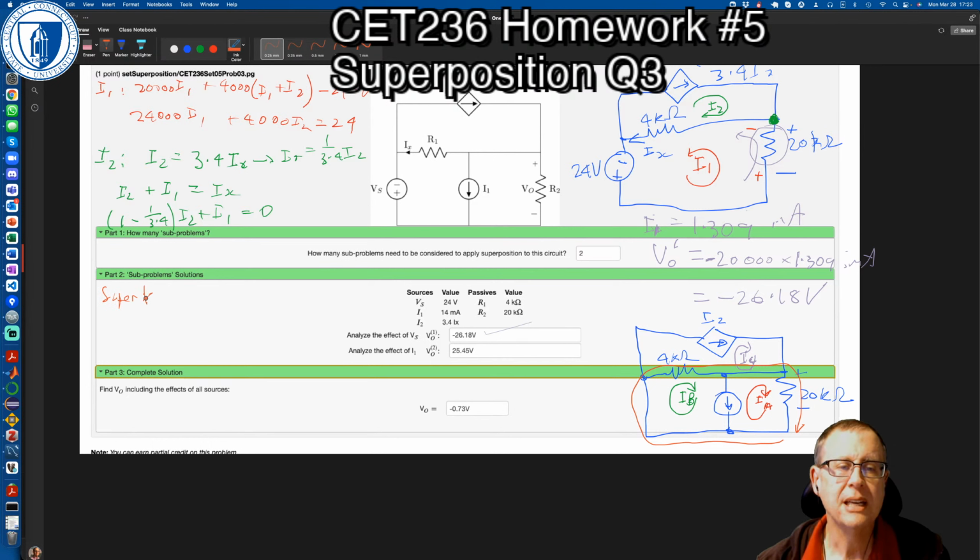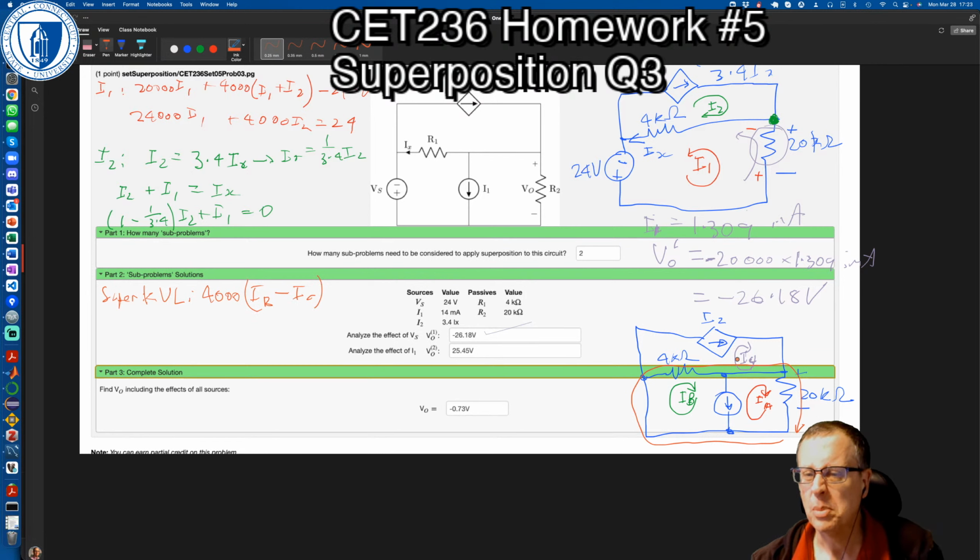So the super KVL, we get 4000 IB minus IC, because the purple one's going in the opposite direction, plus 20,000 IA equals 0.